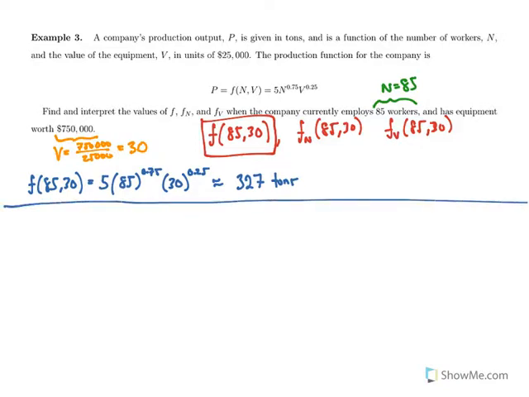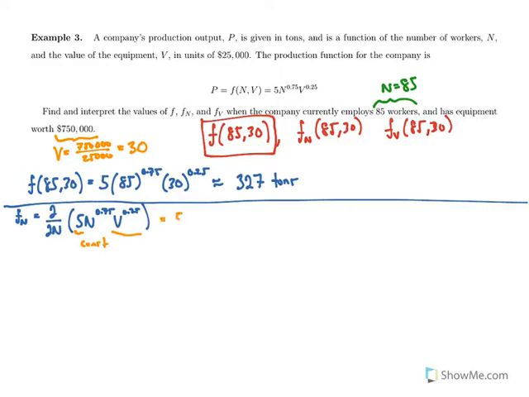So first thing is we need to find F sub capital N. So the derivative here is going to be the derivative with respect to N of 5N to the 0.75, v to the 0.25. And it's important to note that all of this is just a constant.